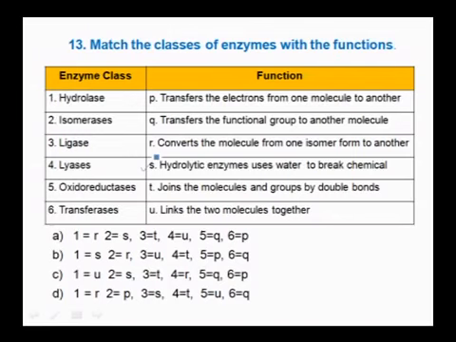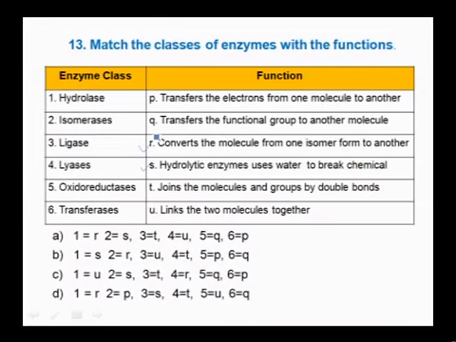So chemicals are broken, or their bonds are broken, by making use of water. Therefore, such enzymes are called hydrolase. Moving on to isomerases. Isomerases are the ones which will convert one form of the isomer into another form.